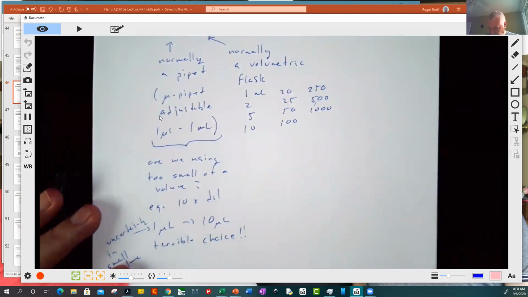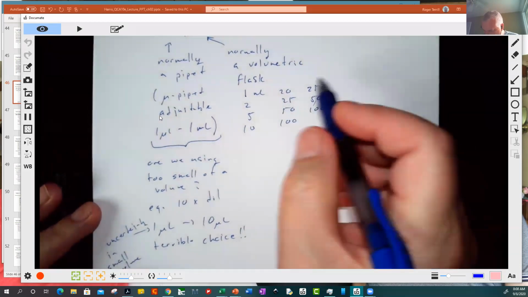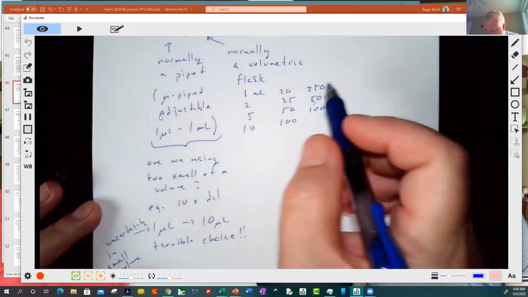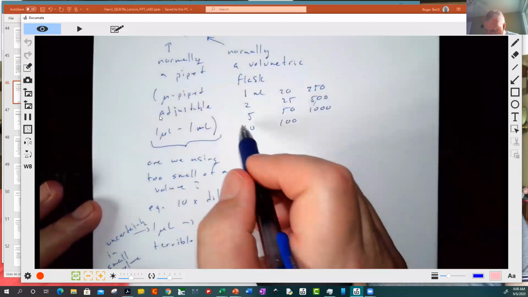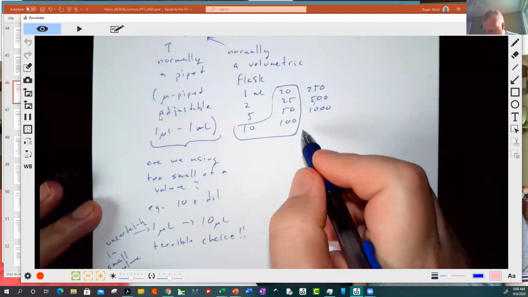So let's think about how to do this then. That sort of limits us to, maybe, these choices.